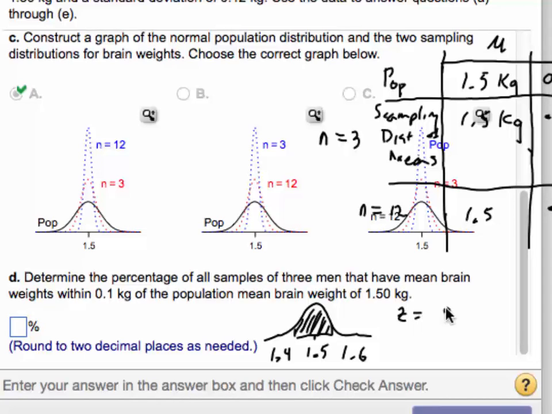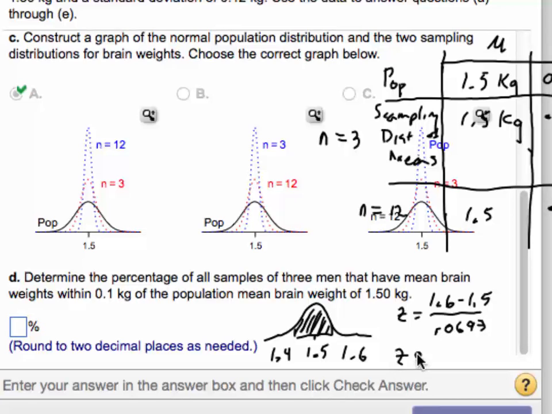It's going to be 1.6 minus 1.5 over... Do we remember what we found for that? 0.06693. Because I'm zoomed in, my pen is kind of hard to write with.